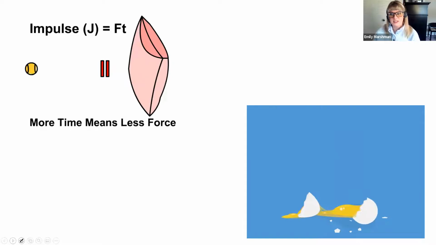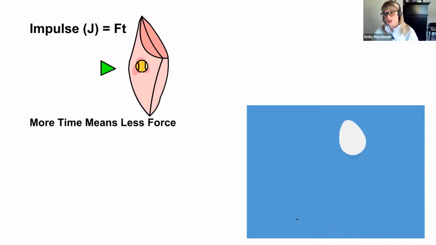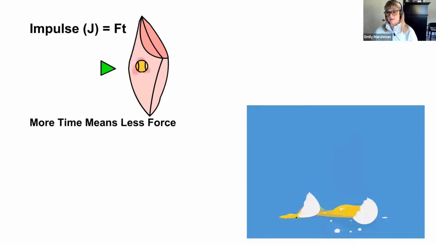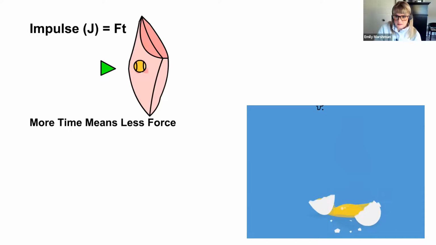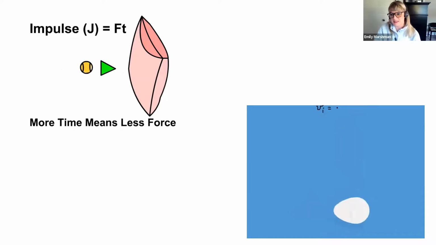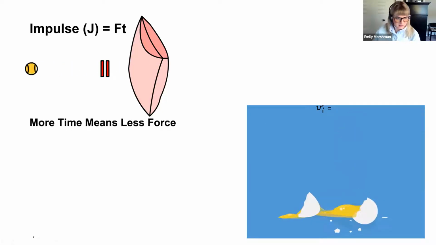So let's go into thinking about why does an egg crack when I drop it on a hardwood floor versus why does an egg not crack if I drop it on a carpeted floor? In both cases, if I drop it from the same height, let's just say I drop it from up here, at a certain height above the ground.